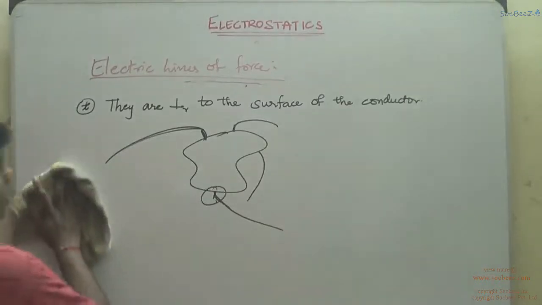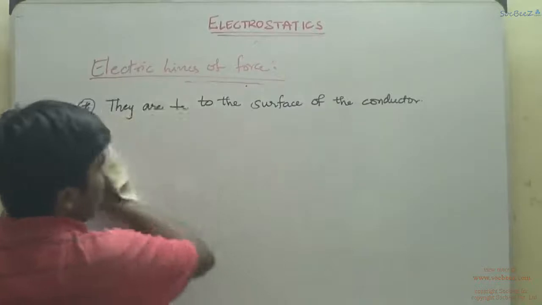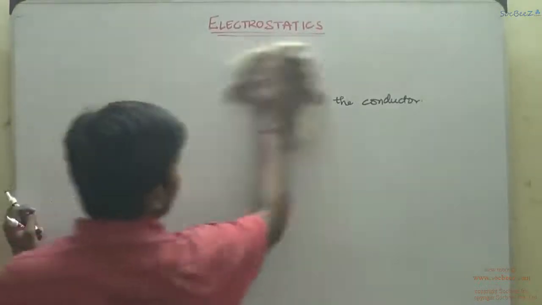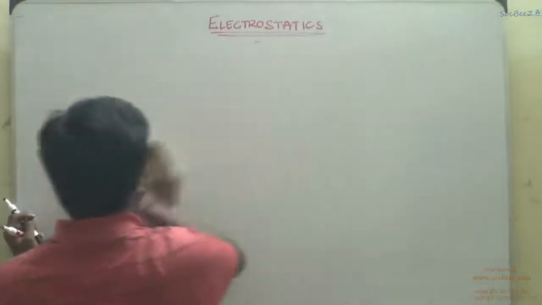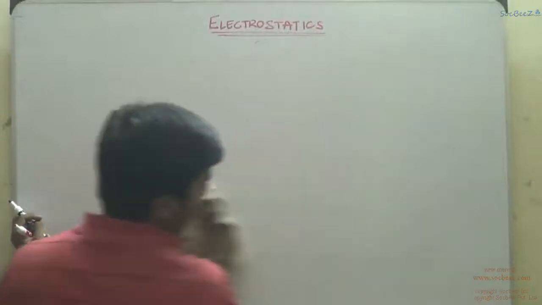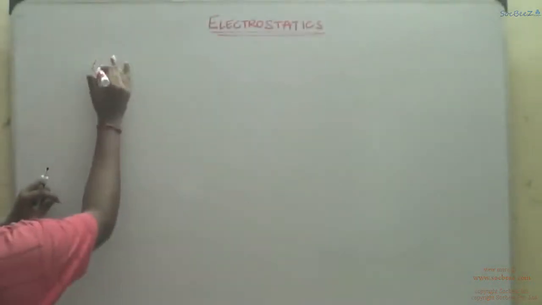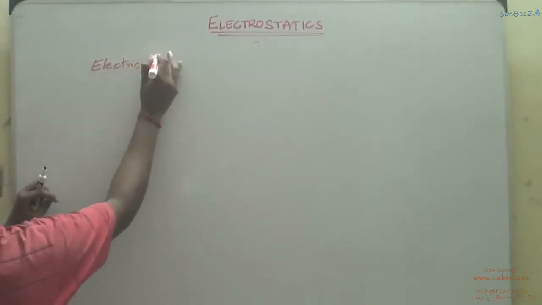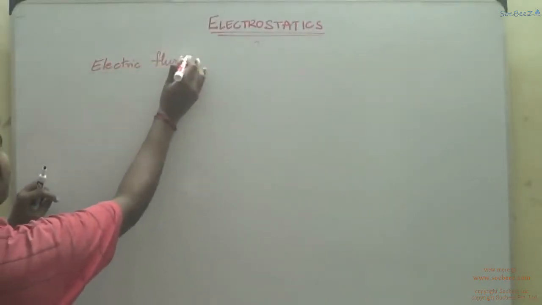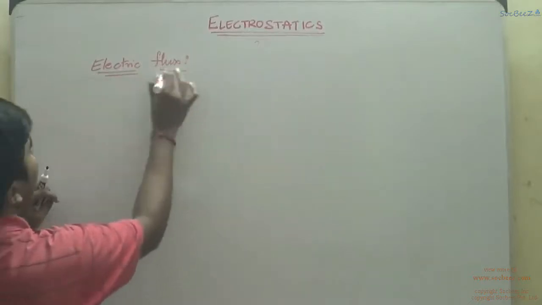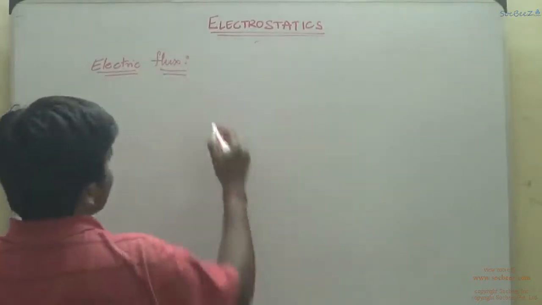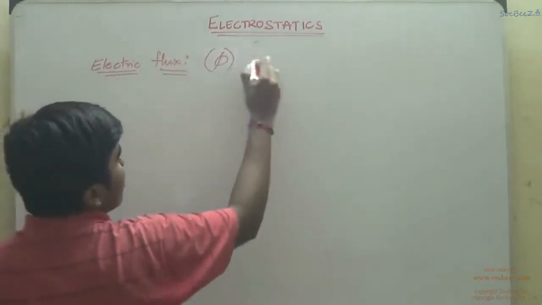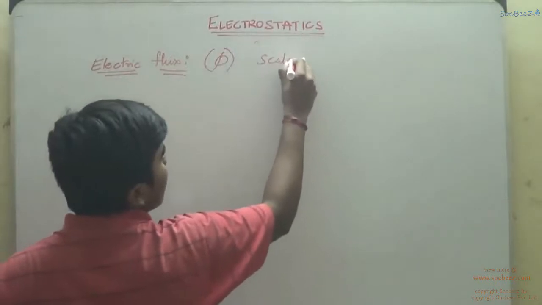Now, based on this information, based on these electric lines of force, we enter into a new concept called electric flux. Electric flux, denoted by phi, is a scalar quantity.